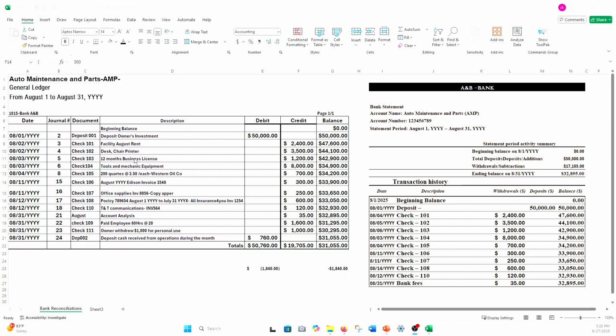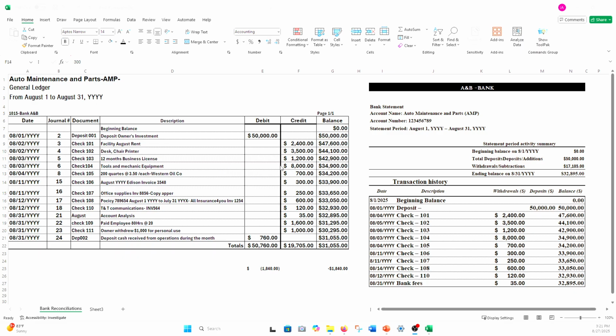This is the general ledger from August 1st to August 31st, and we are going to compare these daily transactions with the A and B bank statement, account name Agro Maintenance and Parts, for the same period, August 1st to August 31st. So this is the right bank statement with the right general ledger, and we have to start to compare the amounts.